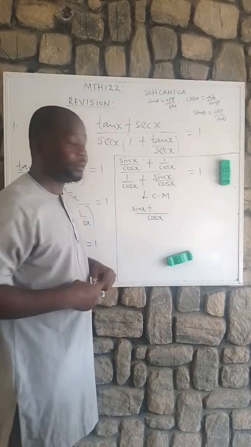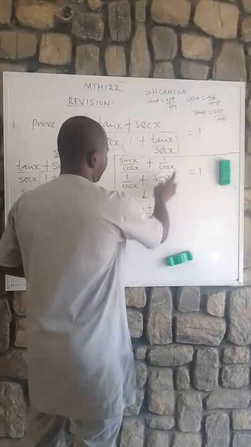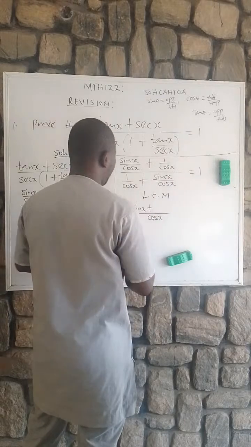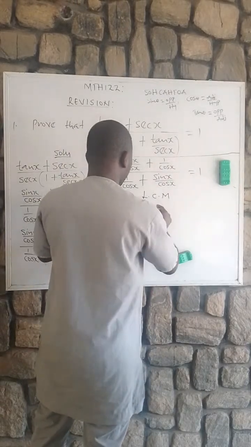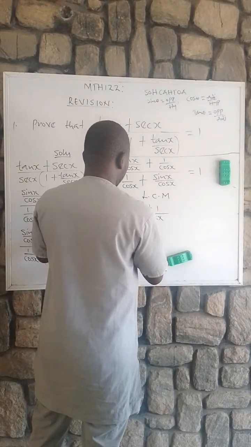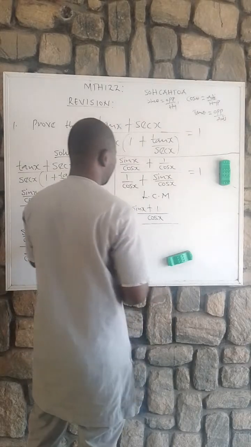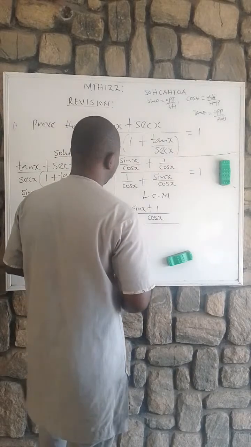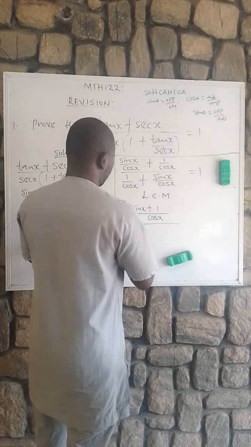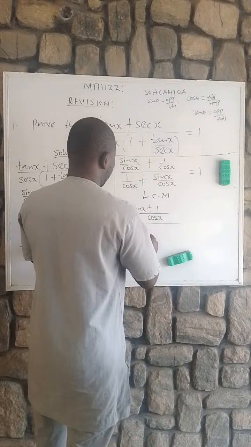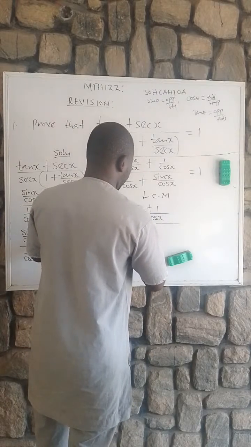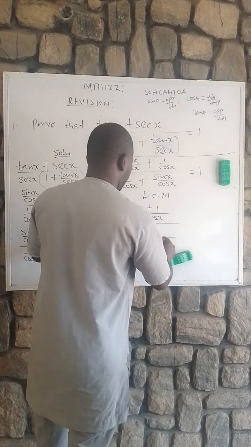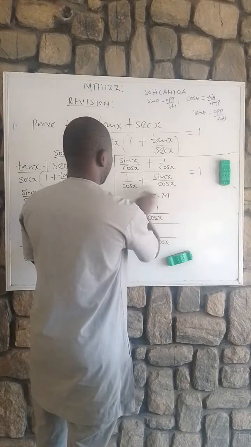Then cos x divided by cos x is 1 times 1 is 1. Then all over cos x, the same thing applicable here, because the LCM here is cos x.